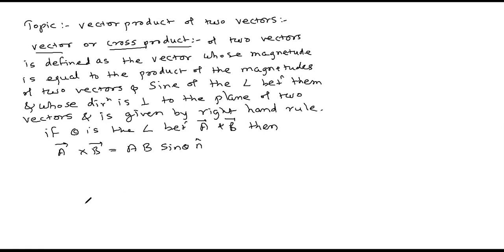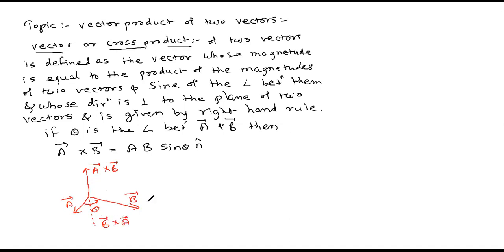Suppose you have this vector A and another vector B, and theta is the angle between them. Then A cross B will be perpendicular to these two. This is your vector A cross vector B. In the downward direction, if you go from vector B to vector A, you can write vector B cross vector A.